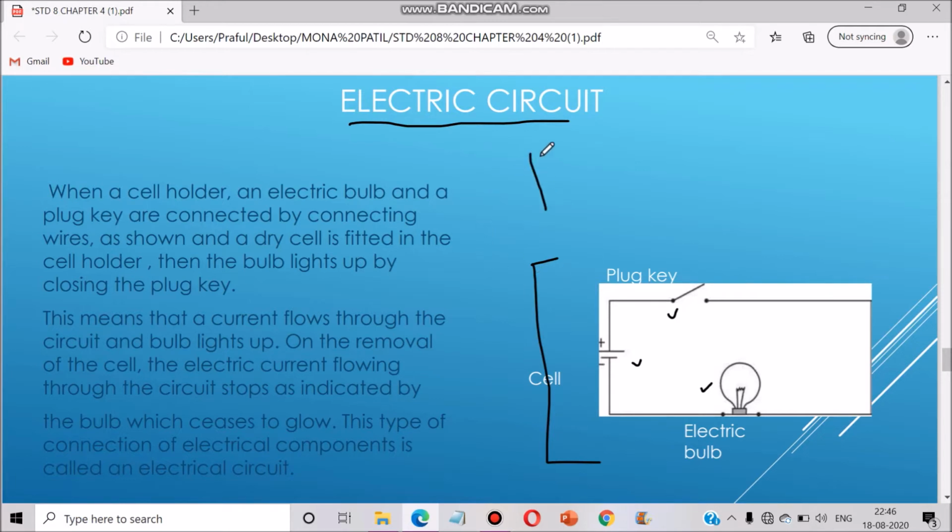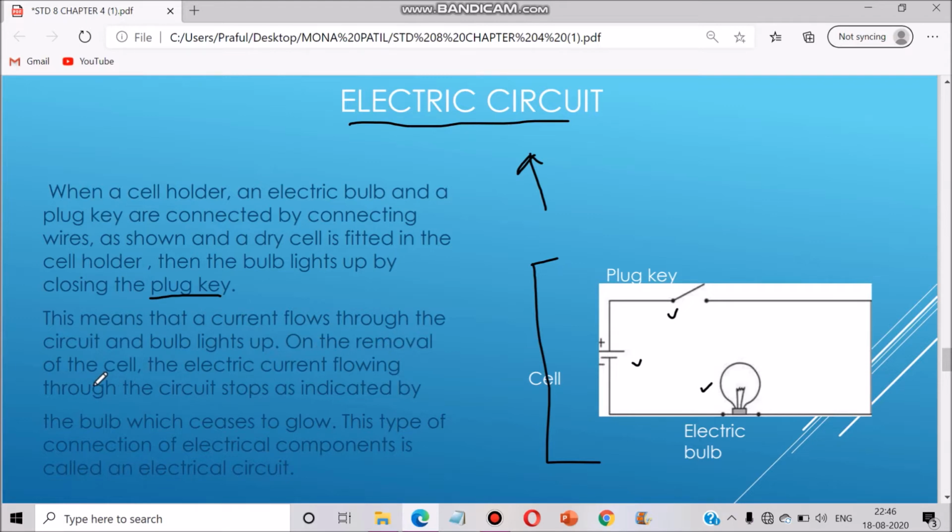When a cell holder, an electric bulb and a plug key are connected by connecting wires as shown and a dry cell is fitted in the cell holder, then the bulb lights up by closing the plug key. This means that current flows through the circuit and the bulb lights up.